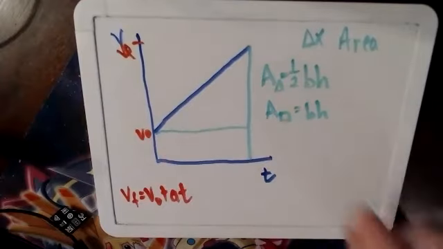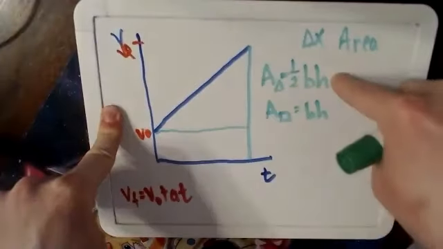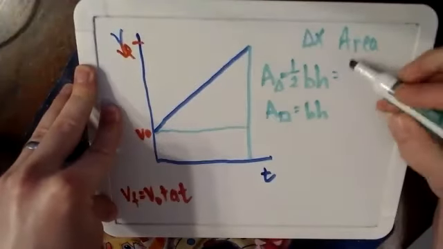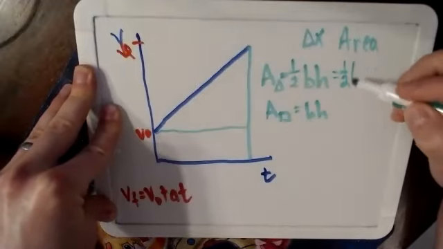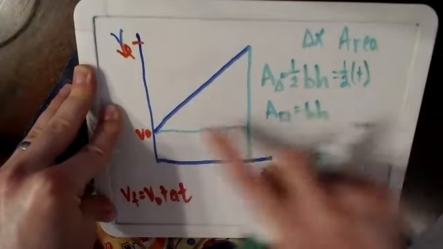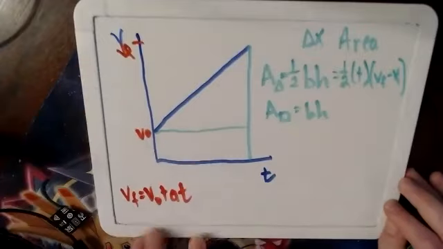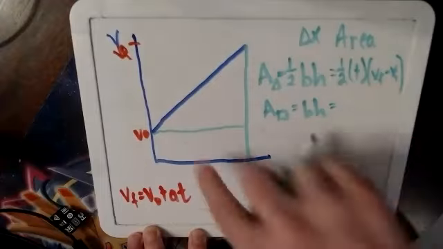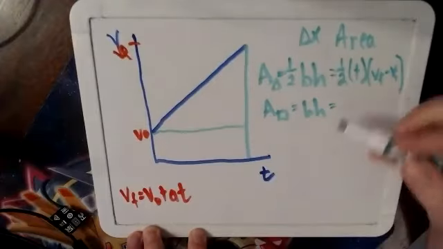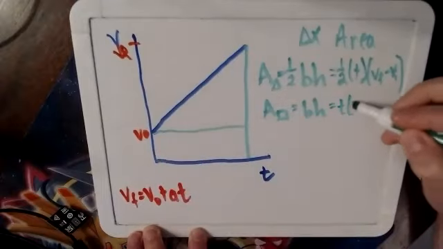When I do this, I take the slope of this, or I just find the area of the triangle, and I say it is 1/2 times the base, which is time. And I take the height, which is VF minus VI. To get the area of the rectangle, I'm sorry, it's a shape, the base is time, and the height is V0.